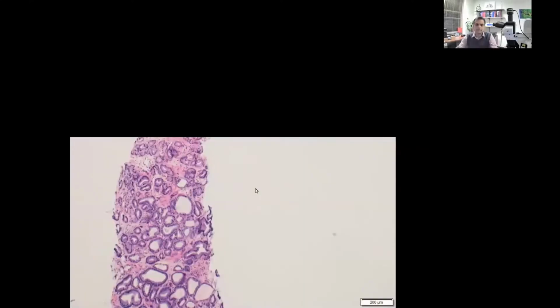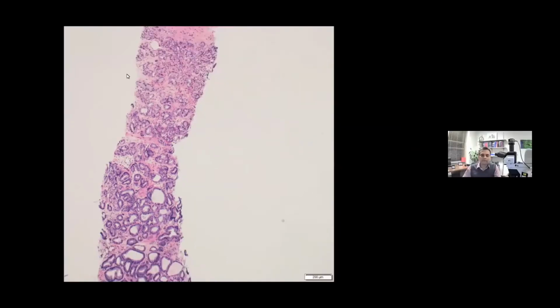So let's take a look at some examples of the contemporary grading of pattern 4. Here is a case where the lower part of the biopsy shows discrete malignant glands separated by stroma with nice lumina. So this would be easily diagnosed as Gleason pattern 3. But if we look at the upper part of the core, right, we see there is a lot more complexity happening in the glands.